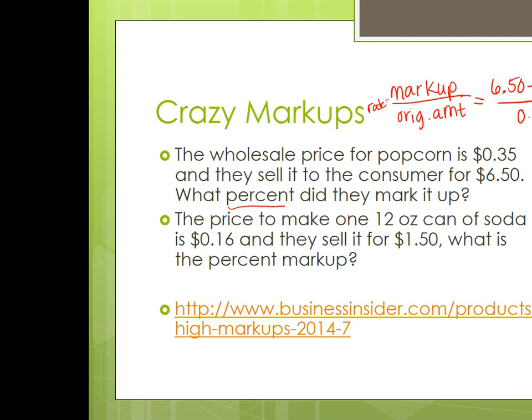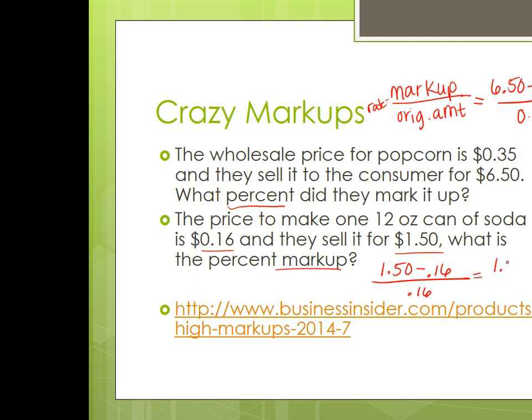Okay, the price to make one 12-ounce can of soda is 16 cents, and at the movies they sell it for $1.50, actually probably more. What is the percent markup? So again, you're going to take how much it was marked up, so 150 minus 16 cents, and then divide it by the original amount, which was 16 cents.